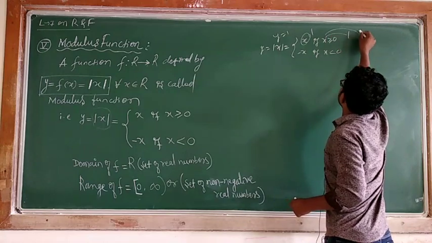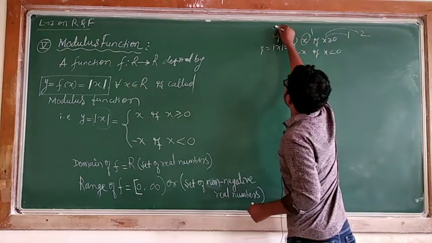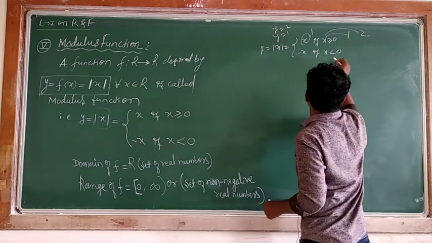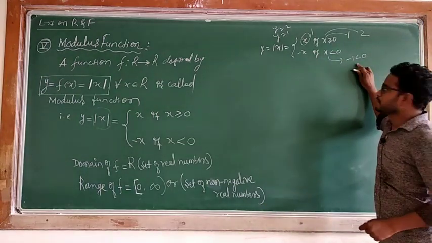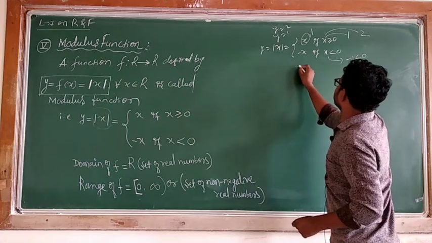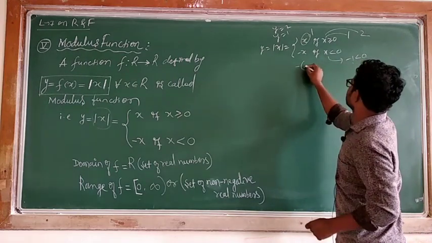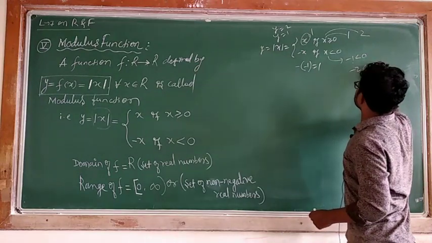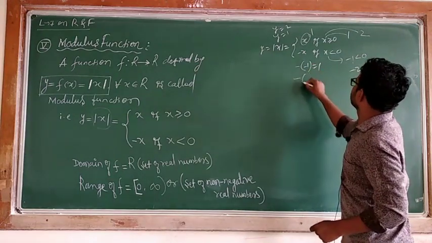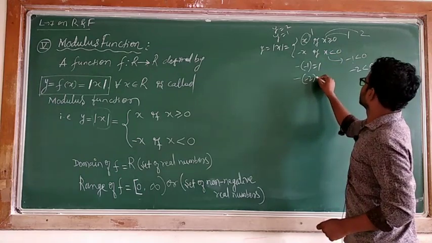If x is 2, you will get y value 2 only. If x is minus 1, which is less than 0, here you get minus of x value. Minus of minus 1 gives plus 1 only. If it is minus 2, which is less than 0, again minus of minus 2 is plus 2 only.